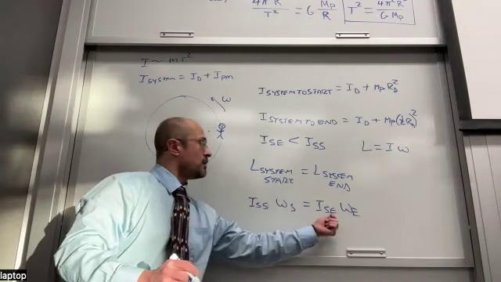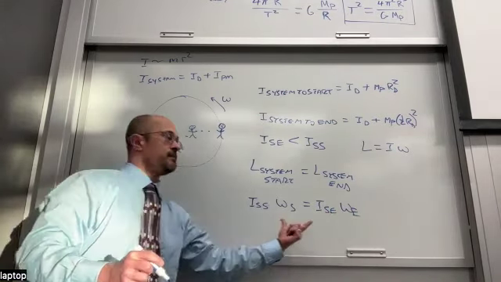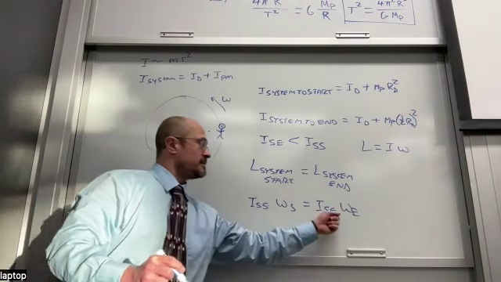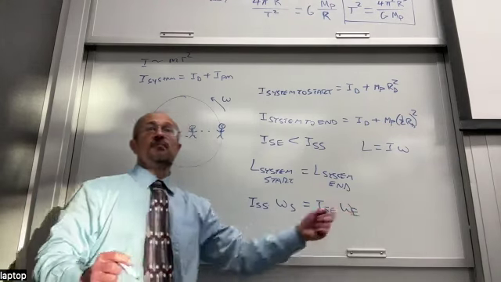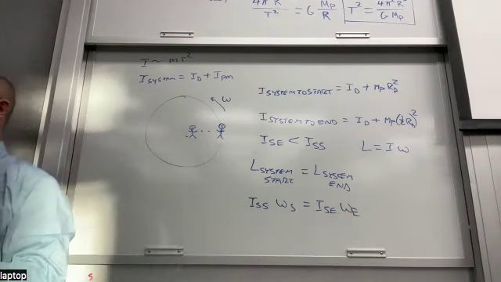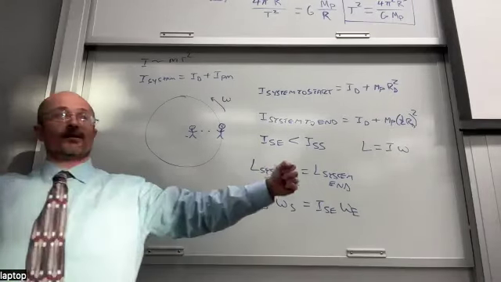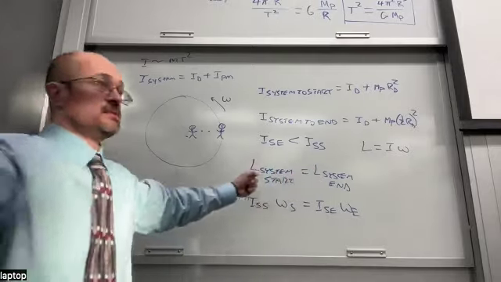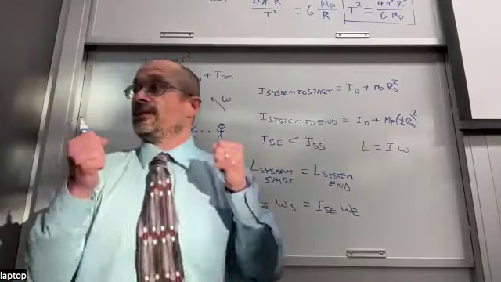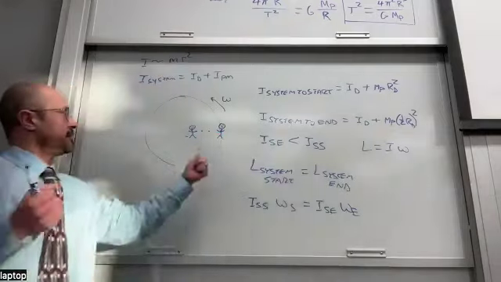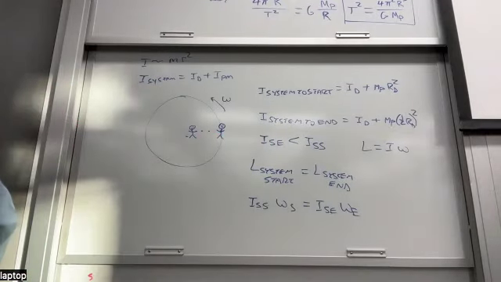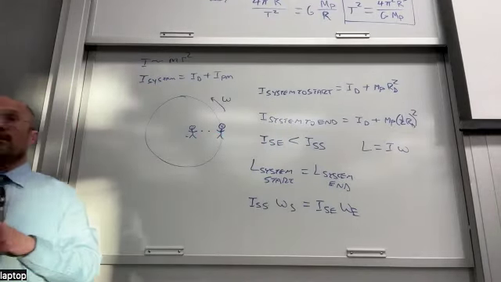Because this got smaller, and these two have to multiply to be this number, this has to get bigger. So the speed should be larger when the person walks in, just like those ice skater problems where the person is spinning and pulls their arms in and speeds up. It's the same thing, except this time it's somebody on a disc changing the moment.